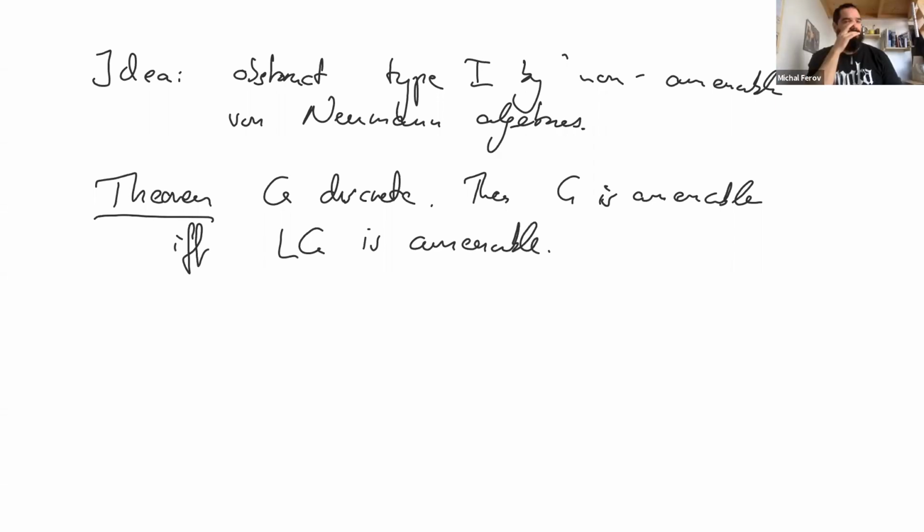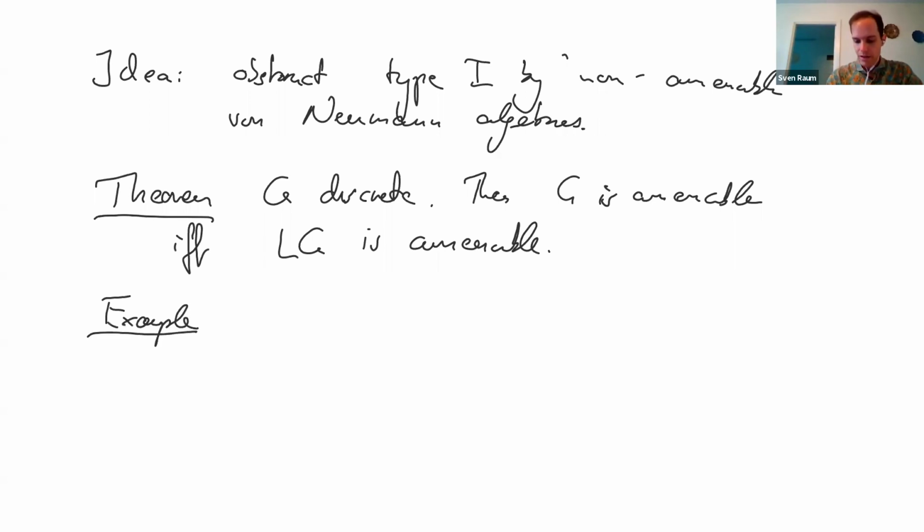And the example we should have in mind is L of F2, right? By the way, it's a question, as I said without having defined it: does every non-amenable von Neumann algebra contain a copy of LF2? That's the von Neumann problem for algebras. Like in many situations, it does not have a positive answer. For von Neumann algebras, it's completely open.